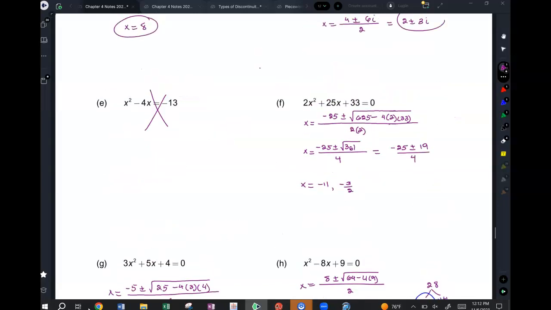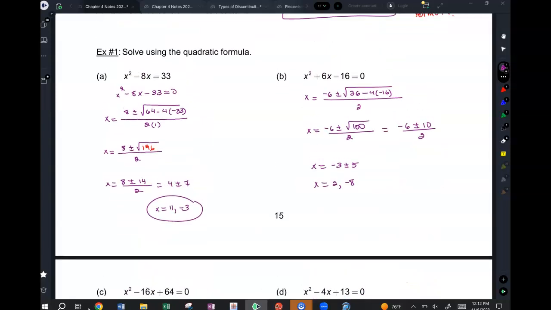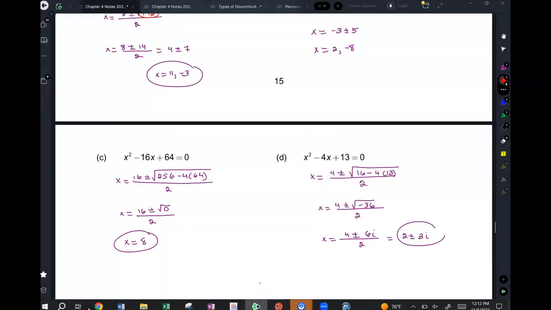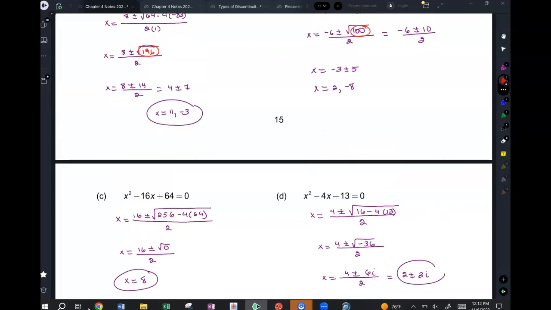So, before we move on to the next page, take a look at what we did here. In my root, I have a positive number, and what do my solutions look like? I have 2 real solutions.